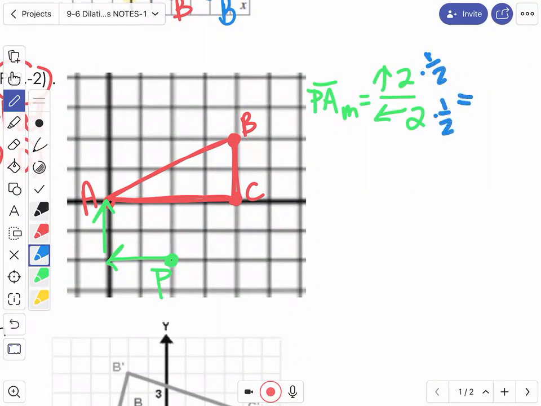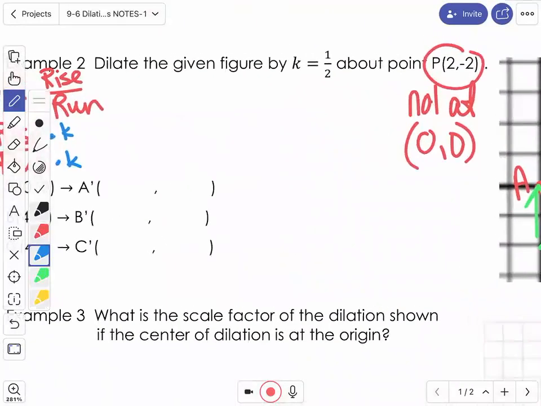So my final position, up 2, cut that in half, I need to go up 1. Left 2 times 1/2, 2 times 1/2 is a 1. Same direction. So from P, we'll go up and left. And there is my new A prime. And we're at 1, -1.